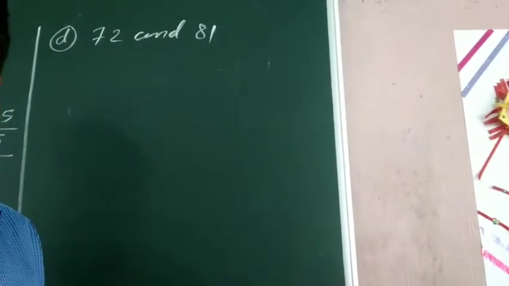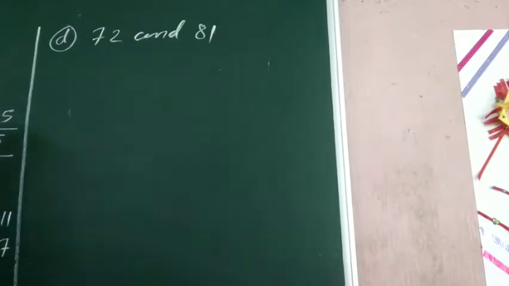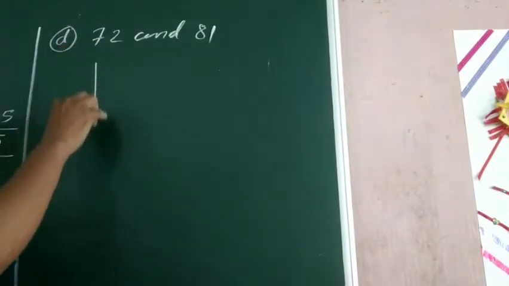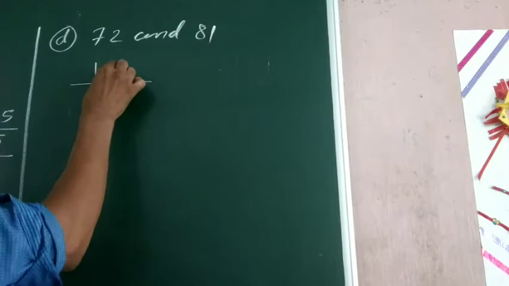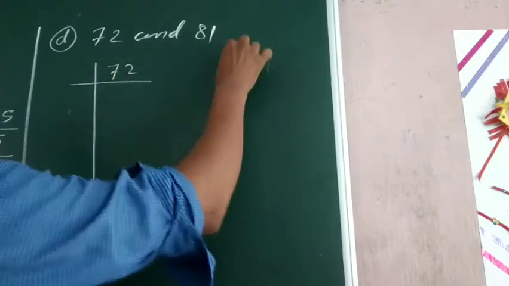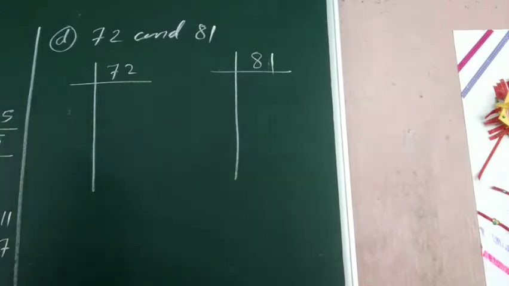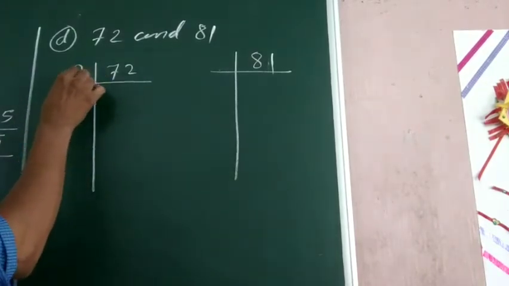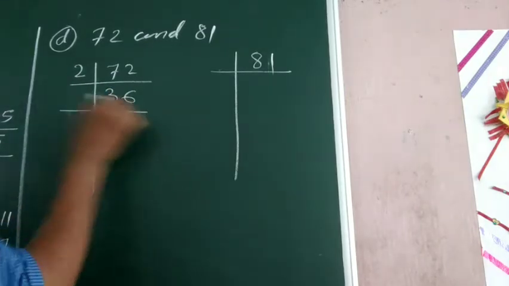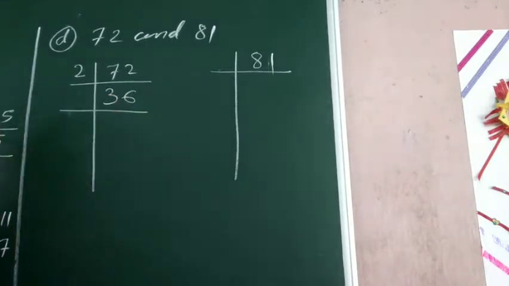Now next numbers are 72 and 81. See, 72 divided by 2 is 36.